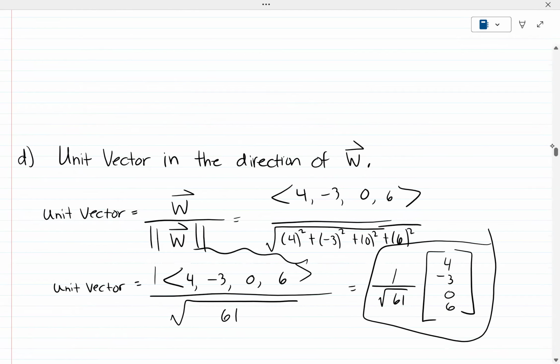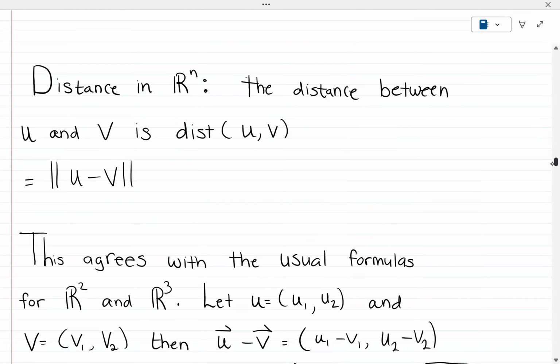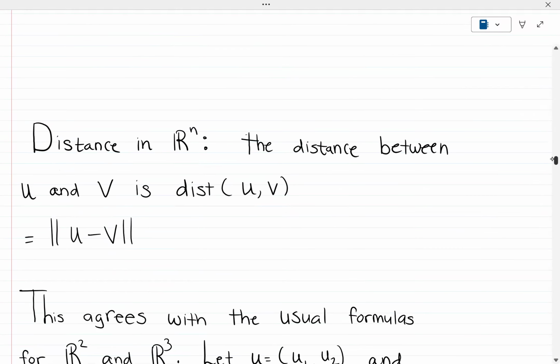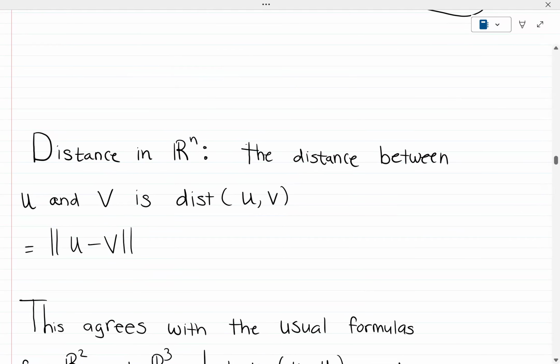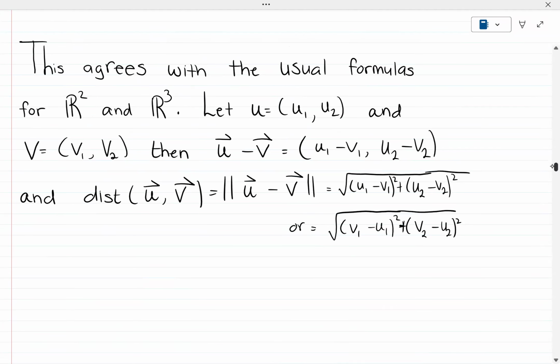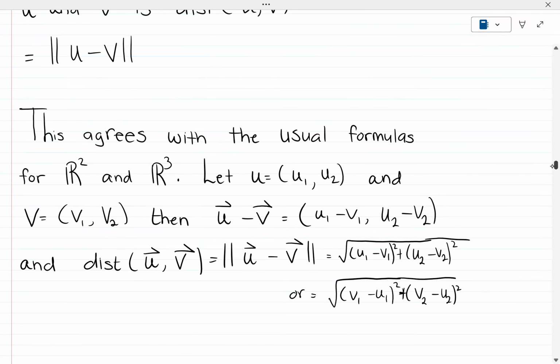Okay, let's move on to the next topic. So let's talk about distance in Rn. The distance between u and v is distance of u comma v, which is equal to the magnitude of u minus v. So this agrees with the usual formulas of R2 and R3.